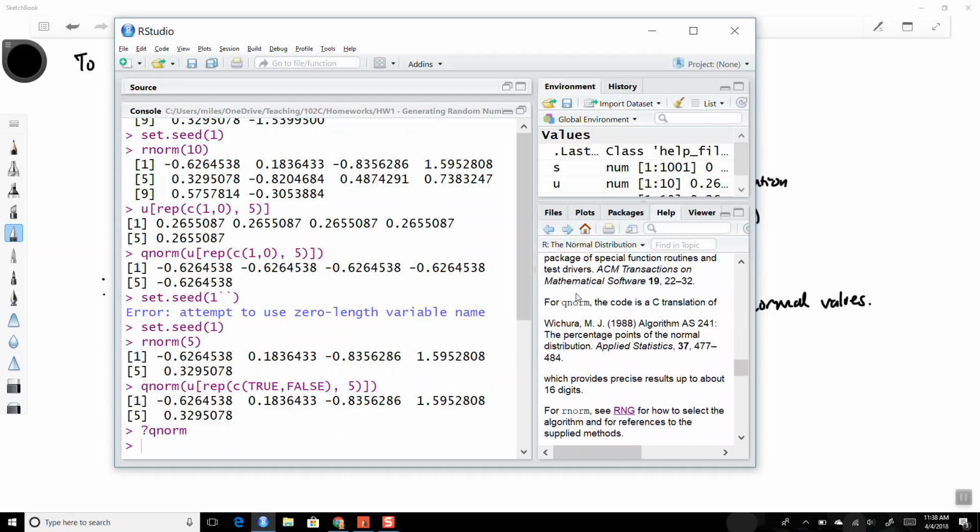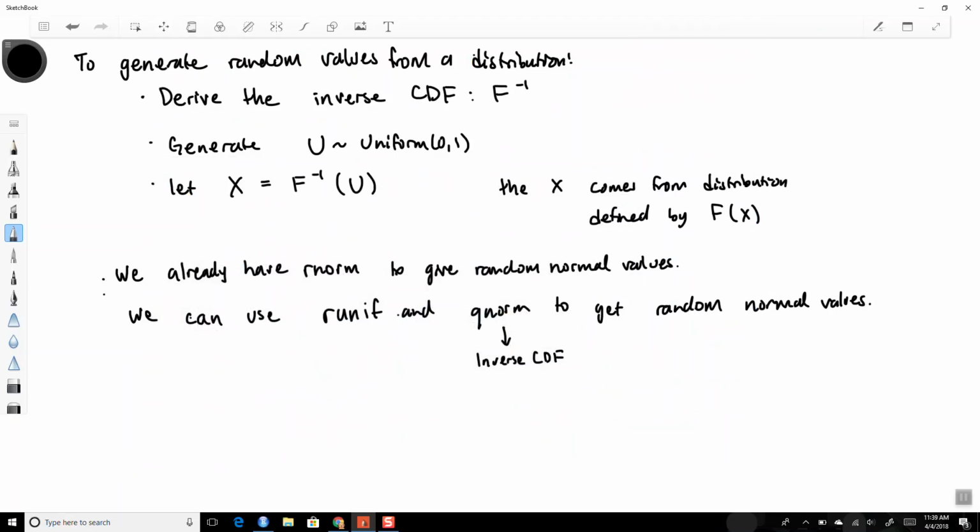For qnorm, this code is a C translation of Wichura 1988's algorithm, which provides precise results up to about 16 digits, which is good enough for our sake, and as far as floating point arithmetic can do. All right, so that's what we have for the normal distribution, just kind of the illustration of all of this stuff for the inverse CDF method.